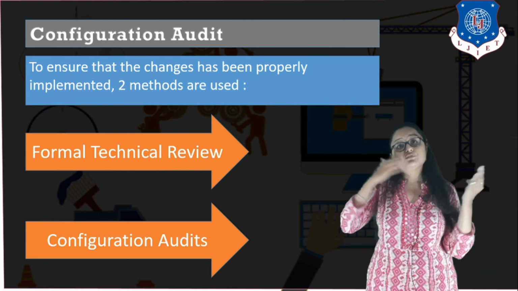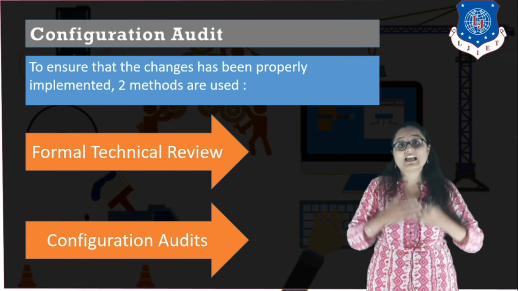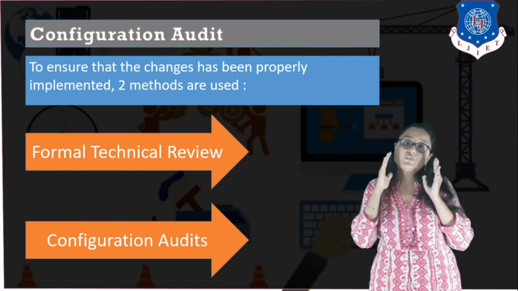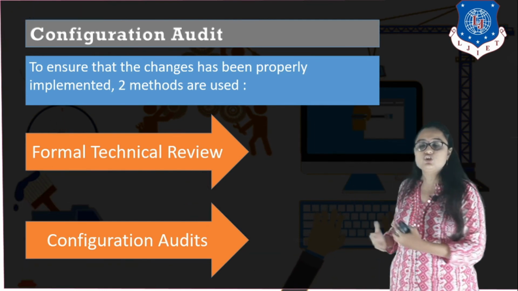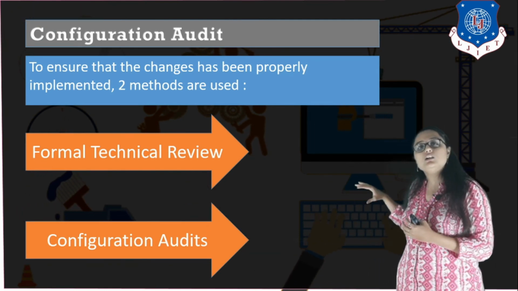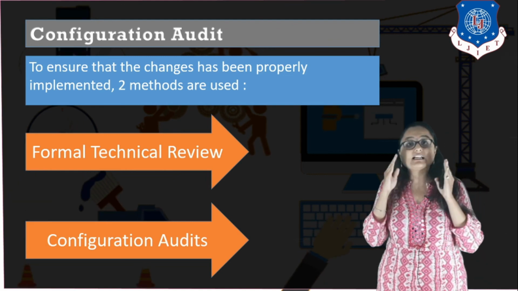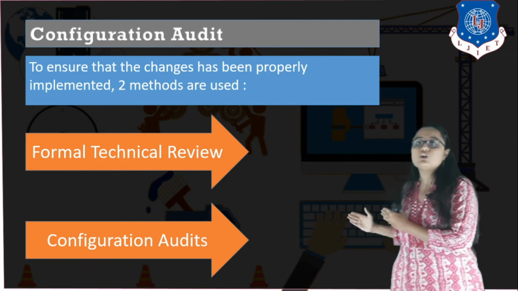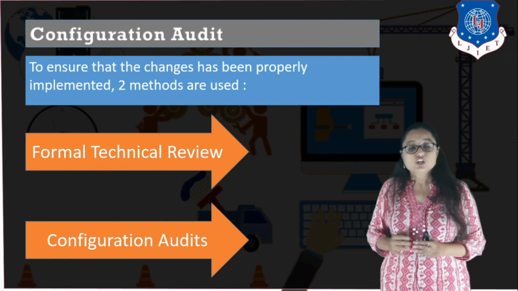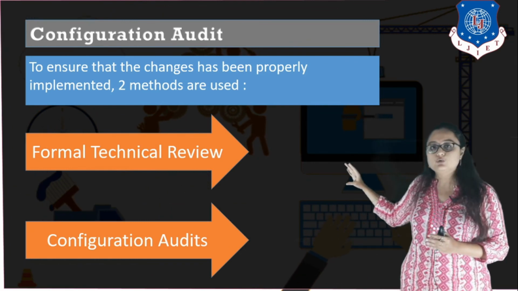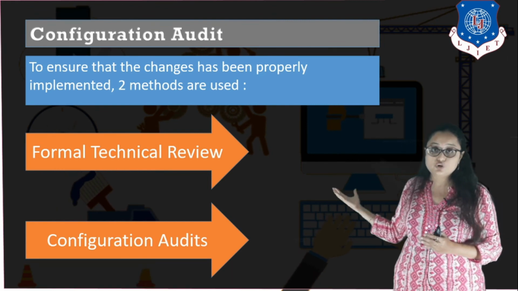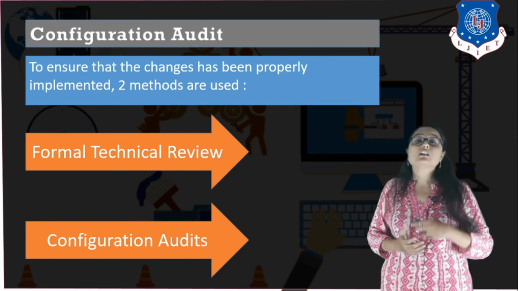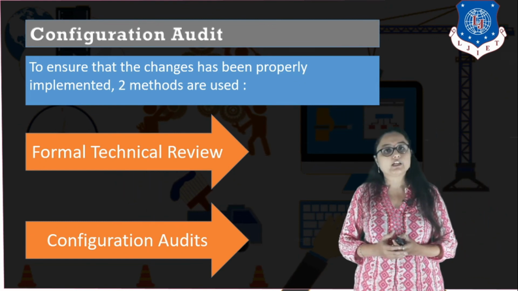Whether the change is affecting some of the other configuration items, and whether the change consists of any error or not, that is what configuration audit is checking, right? So all the changes that you have made, are they consistent with respect to version or not? That is what configuration audit is ensuring. So after applying formal technical review, the standard that you have followed, and configuration audit, it means checking all the changes whether you have applied them correctly in the correct version or not.